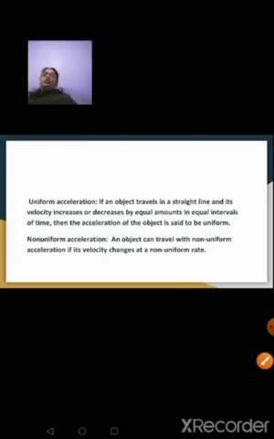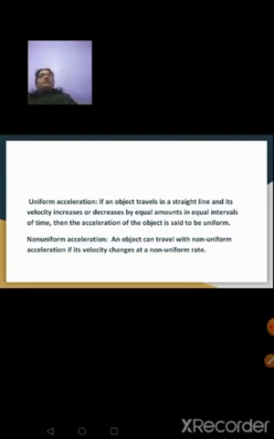Then you should know about uniform and non-uniform acceleration. If an object travels in a straight line and its velocity increases or decreases by equal amounts in equal intervals of time, then the acceleration of the object is said to be uniform.